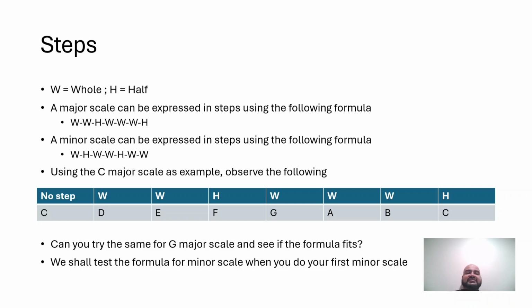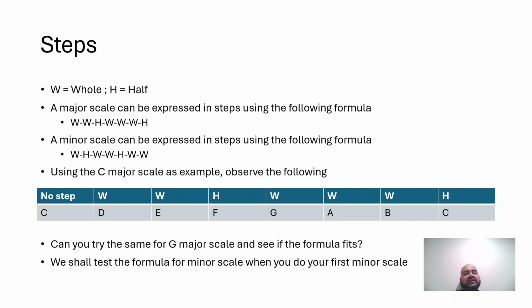So take a look at the second point. It says a major scale can be expressed in steps using the following formula. You have whole, whole, half, whole, whole, whole, half. You have a formula for minor scale also, but we will come back to that formula and test it out once we have done your first minor scale in this series.